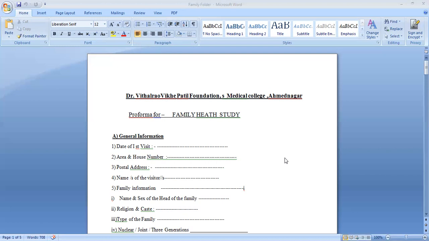Now, you know that in the community medicine department, the family atmosphere and environment play a great role in the disposition of a particular disease.